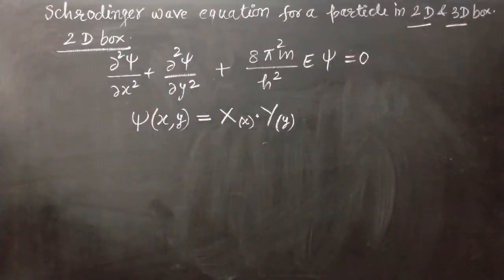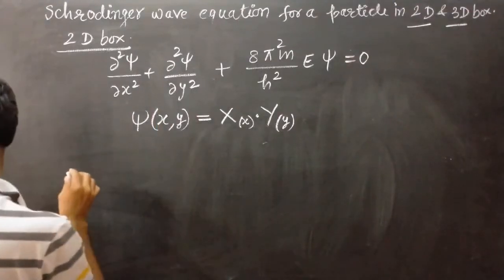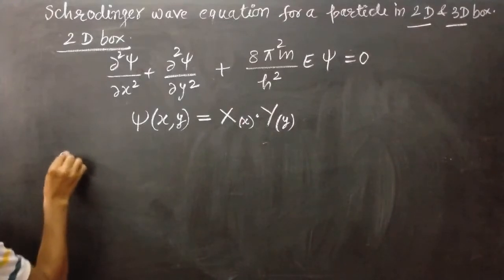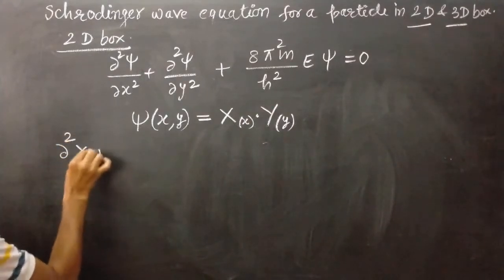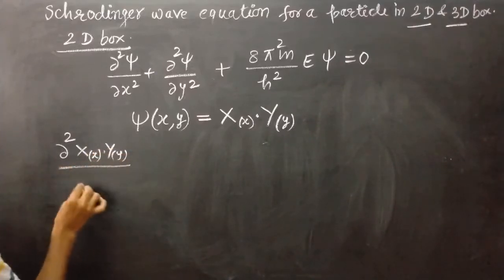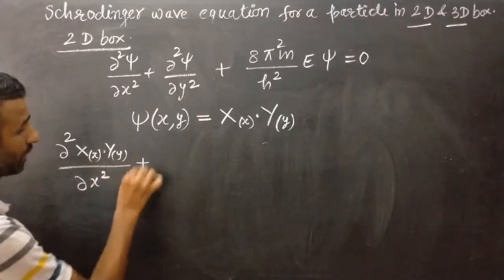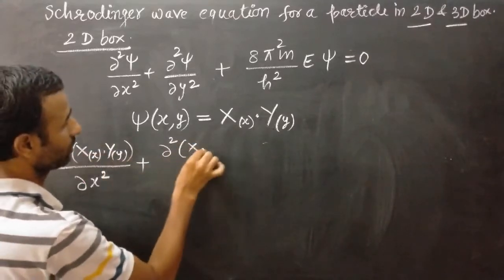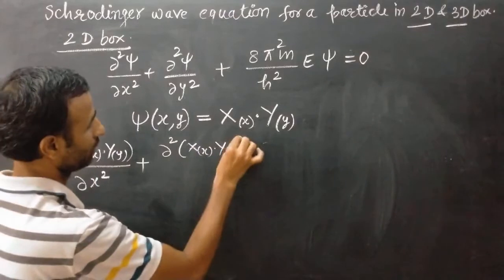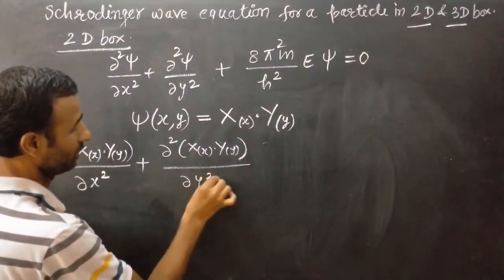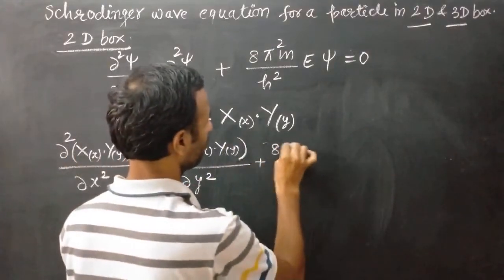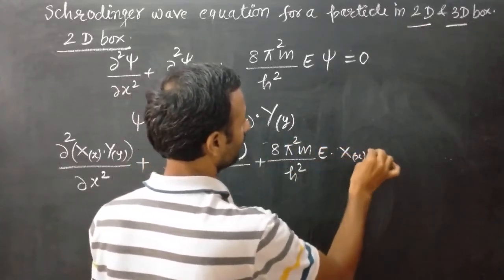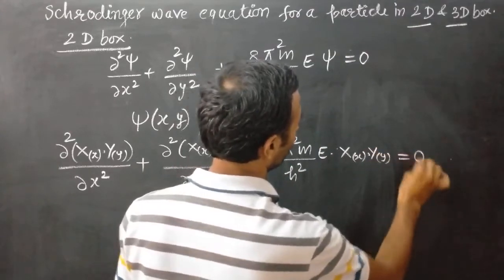Now psi is replaced by X into Y. So it becomes del square of X Y over del x square plus del square of X Y over del y square plus 8 pi square m over h square E into X and Y. Right?